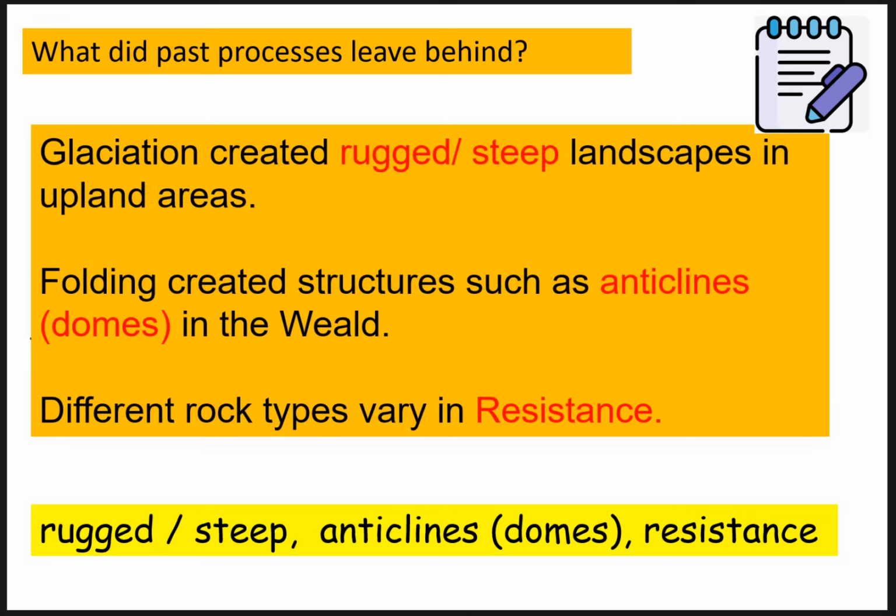So, glaciation has created rugged, steep landscapes in our upland areas. The folding created structures such as anticlines, domes in the Weald. That's an area where Edexcel is, where we visited. And the different rock types vary in resistance. So, fairly easy start.